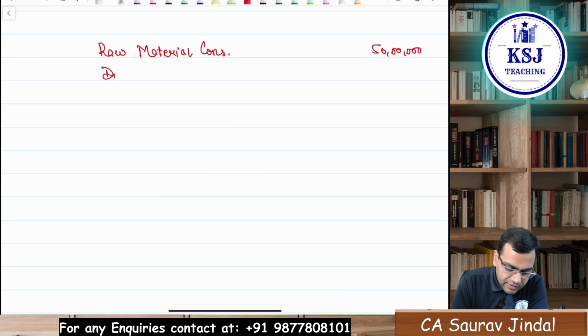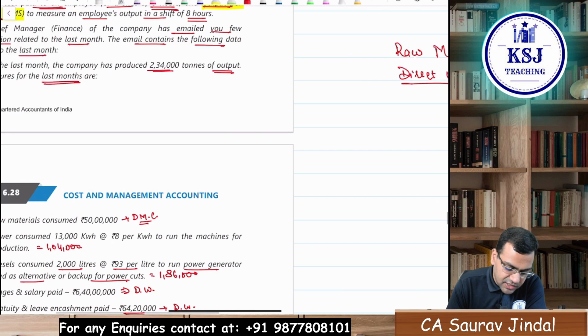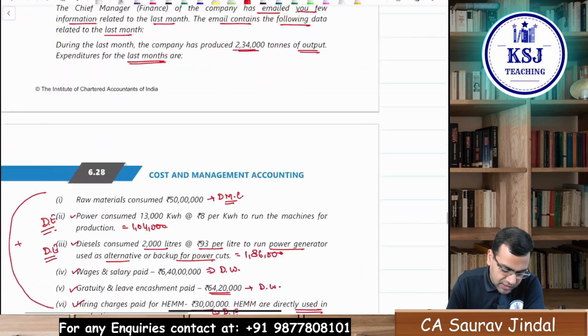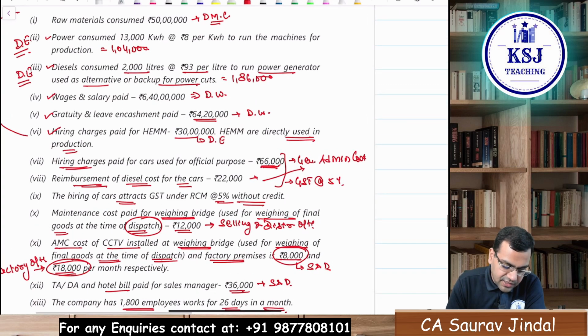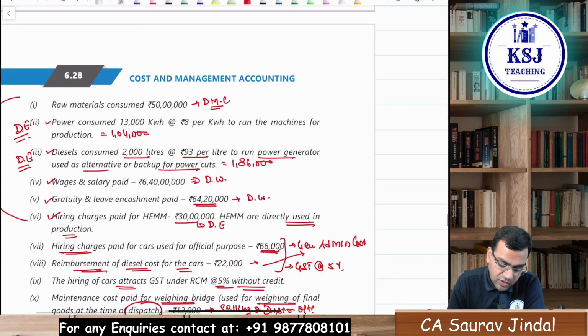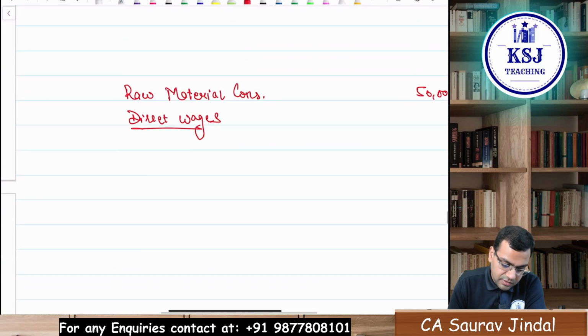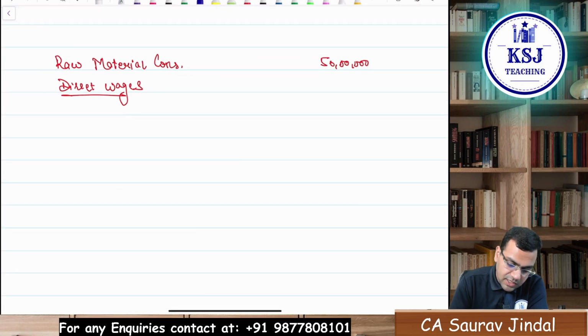Right? Then I'll take the direct wages cost. Direct wages will have multiple things. What are those things which will be included? One is the wages and salaries of 6 crore 40 lakhs plus gratuity and leave encashment of 64 lakh 20,000. Right? So I will write down two things here. One is wages and salaries of 6 crore 40 lakhs.